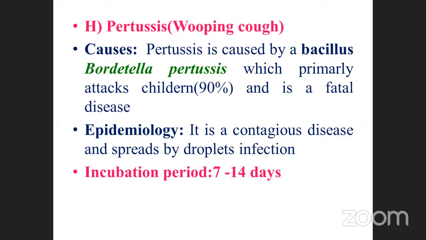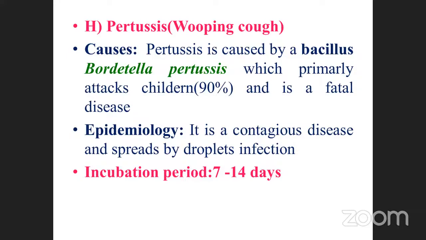Say how it will spread, epidemiology. It is a contagious disease and spreads by droplet infection. Suppose a person has a disease like pertussis, whooping cough. When they cough, automatically the droplets come out in the form of small drops. During sneezing also it comes out, isn't it?